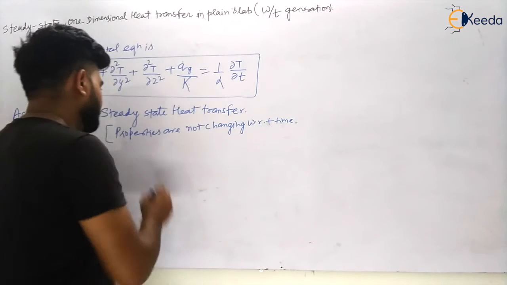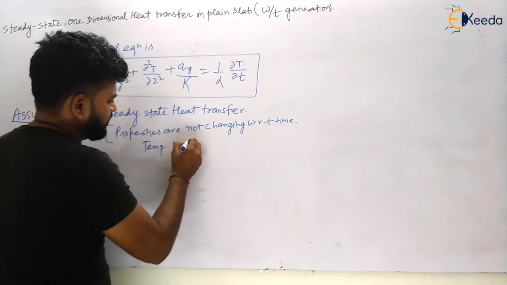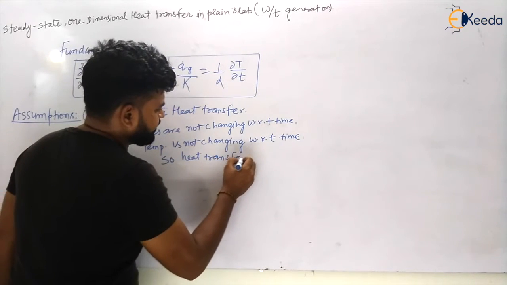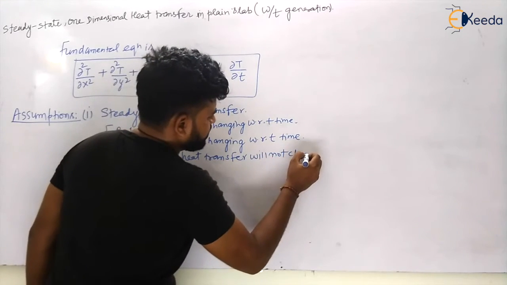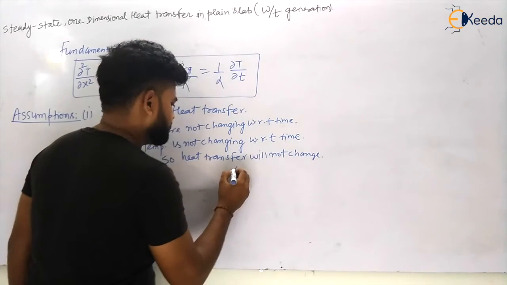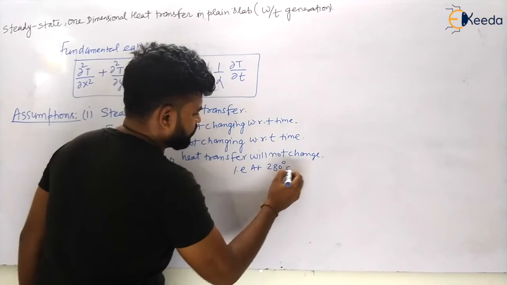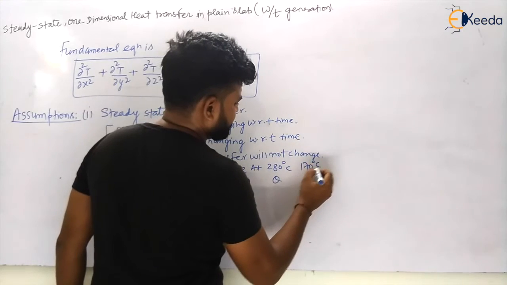Like temperature is not changing with respect to time. Heat transfer will not change. That is, at 280 degrees Celsius there is heat transfer of Q. At 170 degrees Celsius there is heat transfer of Q.